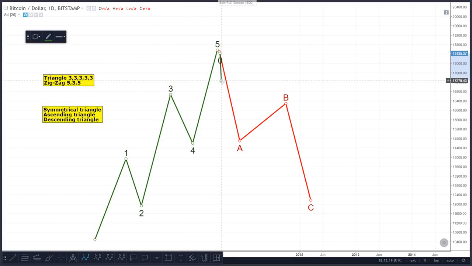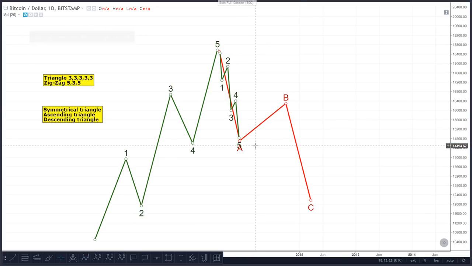So wave A will be made of 1, 2, 3, 4, 5 legs down. Wave B will be 3 waves. As we described, a zigzag is 5, 3, 5. So this is our 5. Now we're going to see 3, and then we'll see another 5 down.